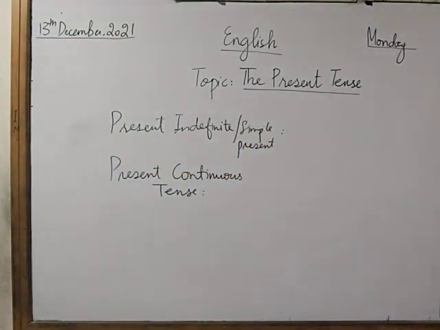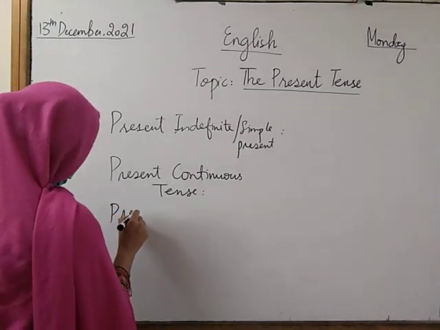Yes, Elise. Would you like to tell me the third type of it? Okay, no problem. I will ask someone else. Yes, Khadija Zubair. What is the third form of it? Excellent. Present perfect.